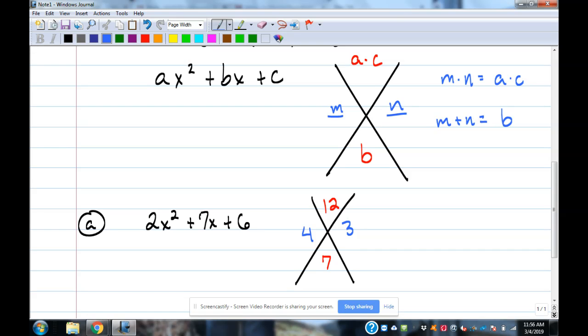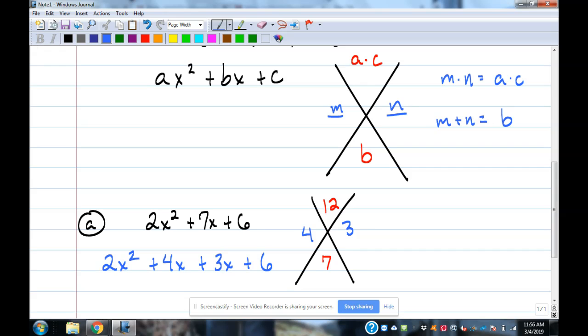Now, the next step is changing a trinomial into something that has 4 terms. What we're going to do is replace this middle piece with these 2. So it's going to be 2x squared plus 4x plus 3x plus 6. We're taking this and instead of having a 7, we're splitting that 7 up into a 4 and a 3.